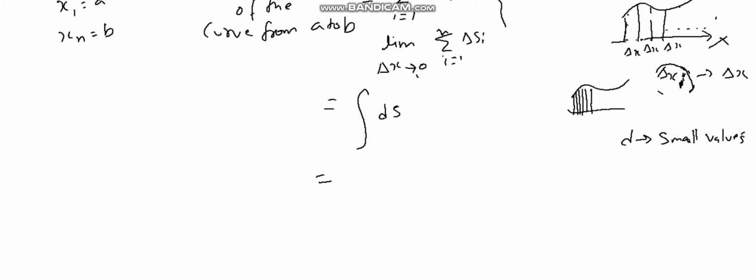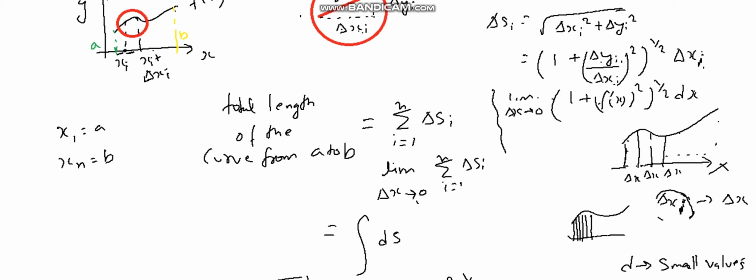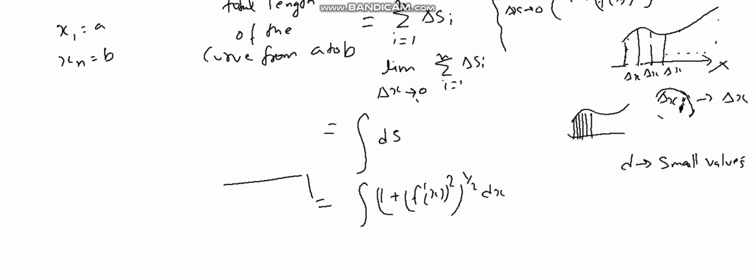So we will be left with the equation: integral of the square root of 1 plus f prime of x squared dx. So what integration does, it calculates the length of the curve in this case.